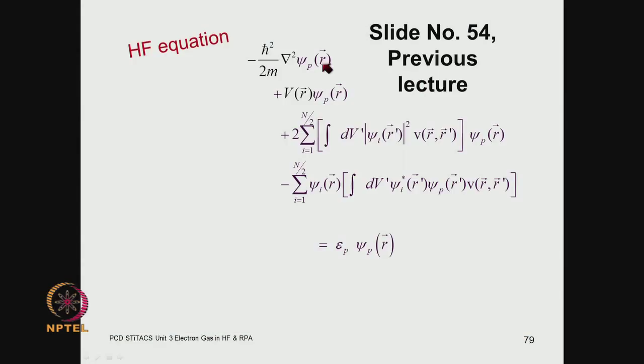I will now refer to the Hartree-Fock equation, which I recapitulate from the previous class, which was on slide number 54 of the previous class. This is the Hartree-Fock equation for the free electron gas.